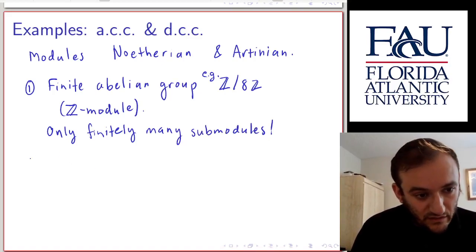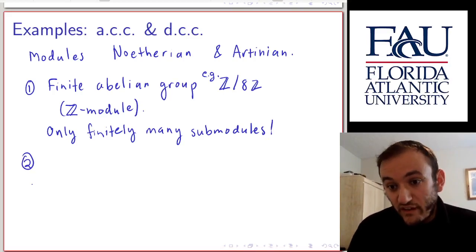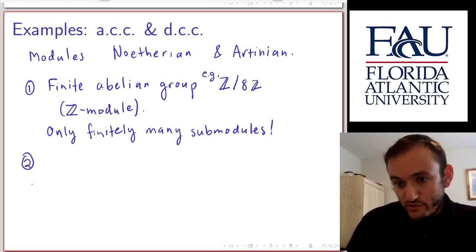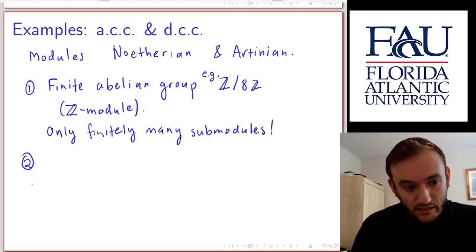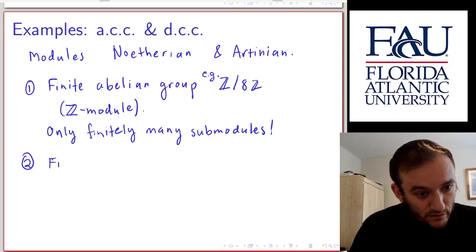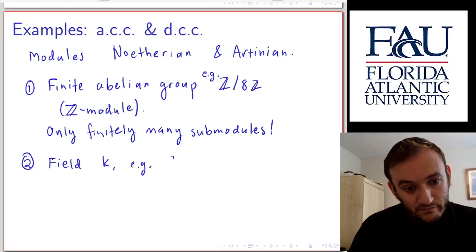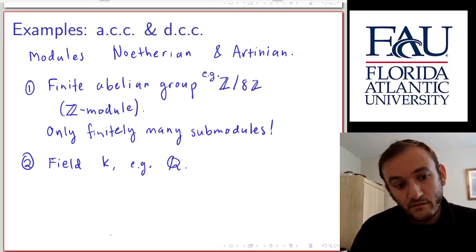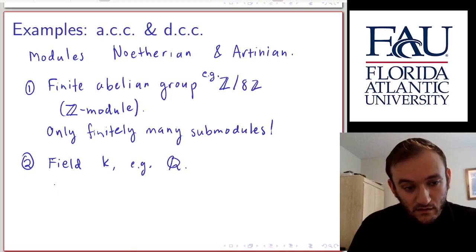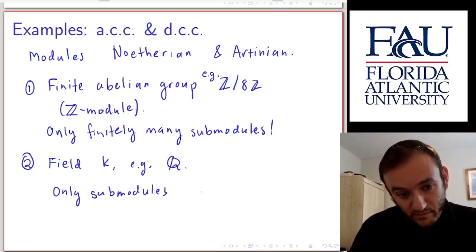By the same token, even if it's not a finite group or a finite module, but it has only finitely many submodules, you'll also find that it's Noetherian and Artinian. So for example, if you take a field K, for example the rationals, the only submodules are the whole field and the zero submodule.